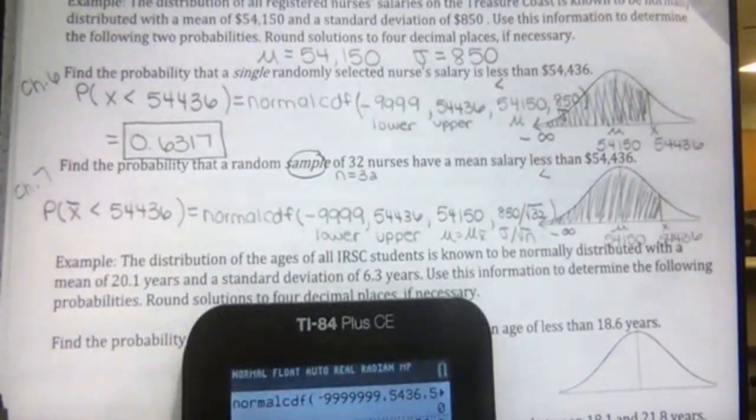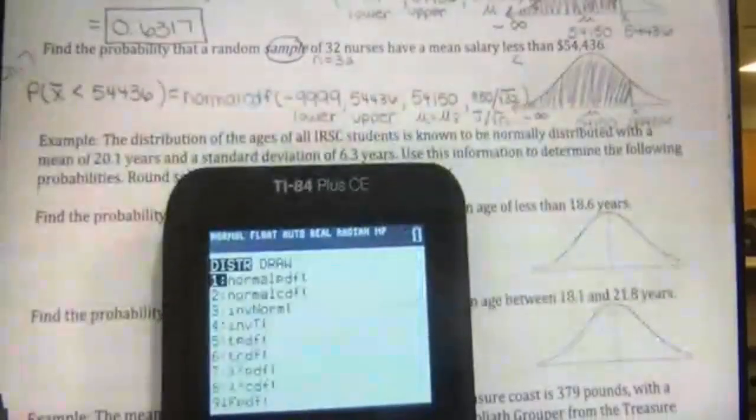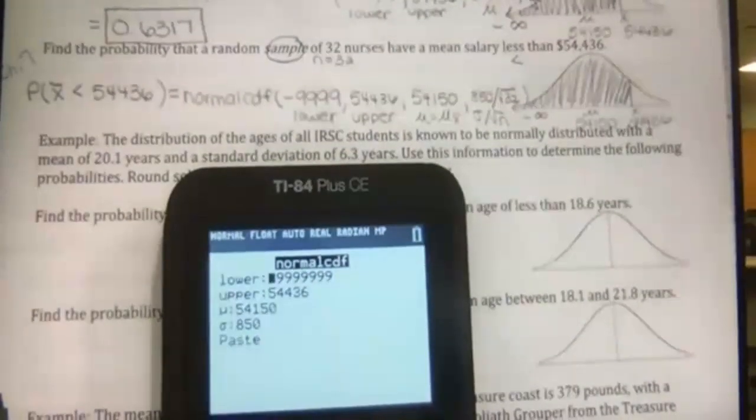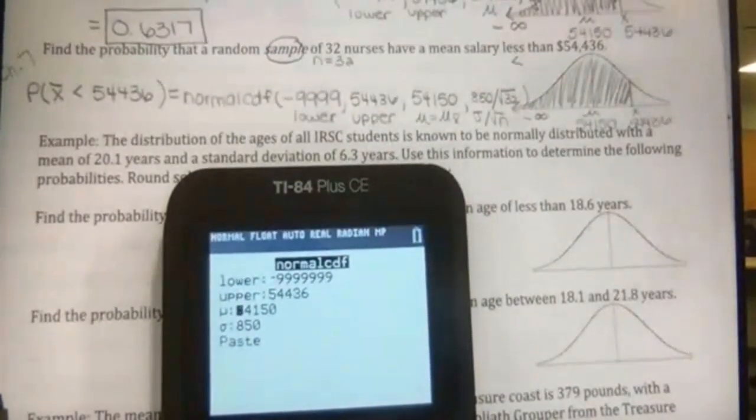So in our calculator, the good thing is whenever we go to second bars, normal CDF, everything should still be in there. So lower limit's negative 99999, upper limit's 54,436. Our mean is still 54,150, but now our standard deviation is 850 divided by the square root of 32.